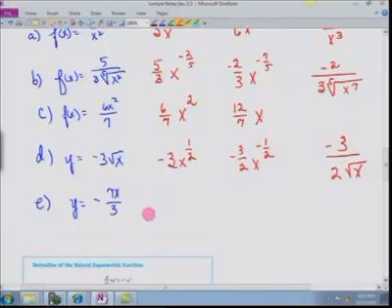Okay, what would we rewrite this one? Negative 7x over 3. Okay, negative 7/3 x. And then the derivative would be negative 7/3. Okay? We good? We're kind of good with that power rule. We've done quite a few.